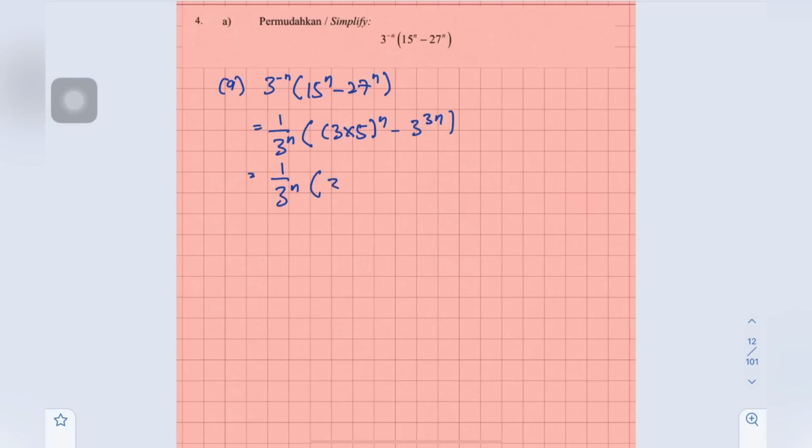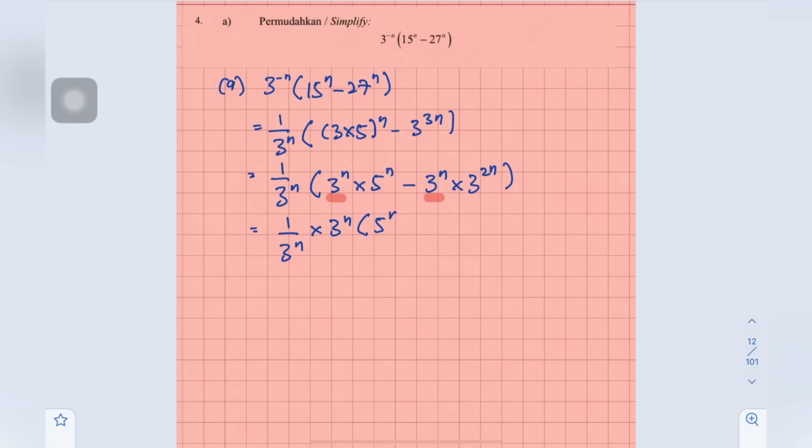So we open the bracket. You separate 3 power of n times 5 power of n. The idea is that we are going to find the common factor. So we can separate this to become 3 power of n times 3 power of 2n, because we want to factorize later. Then 1 over 3 power of n, and we factorize 3 power of n.